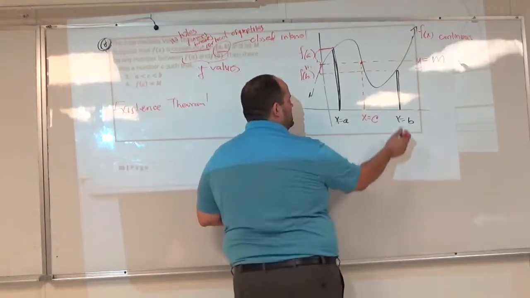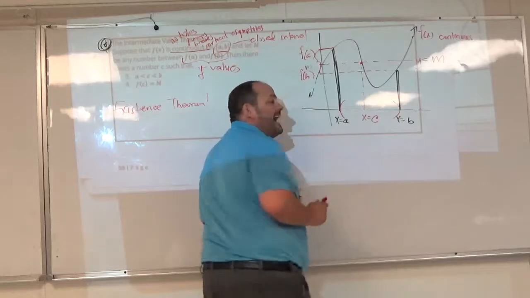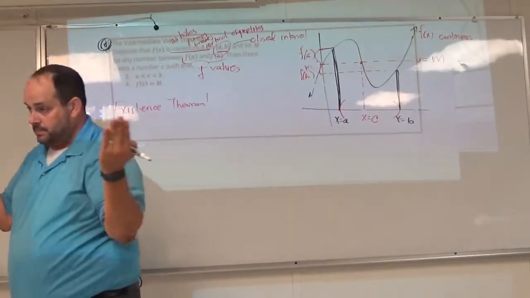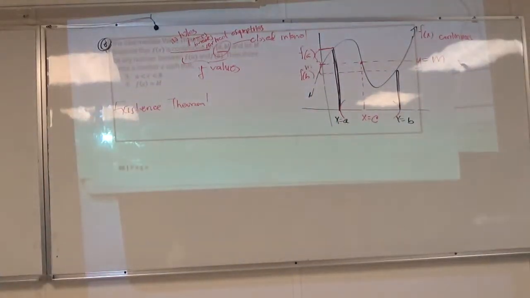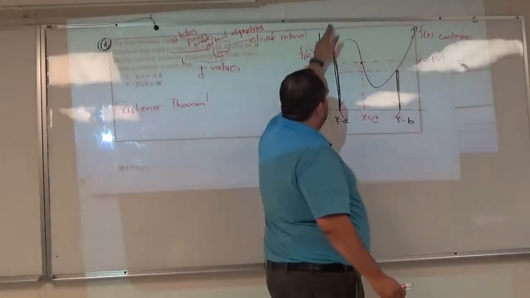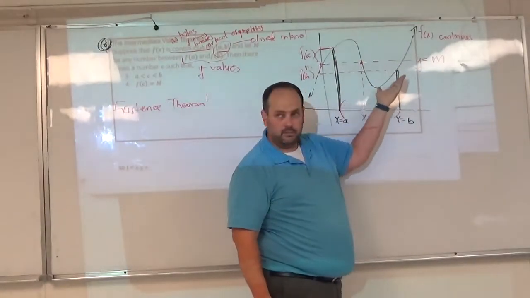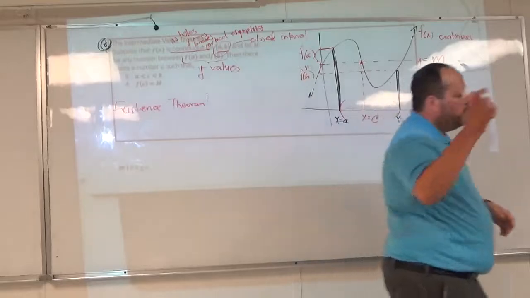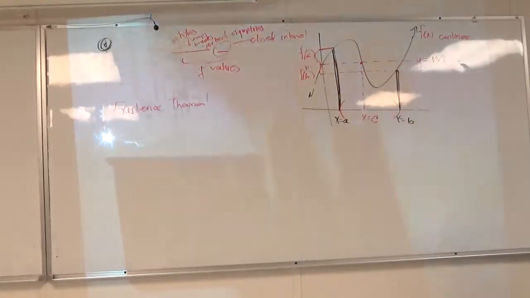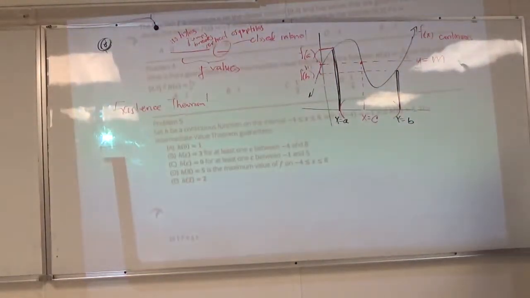All I'm saying is that it's somewhere inside the interval that it's going to happen. Is it possible that there's more than one place? Yes. Imagine your graph doing more sinusoidal stuff, crossing a lot. Pretty good? All right, let's look at one sample AP question, and then you guys are going to get some practice, and I think you're going to totally figure this out.